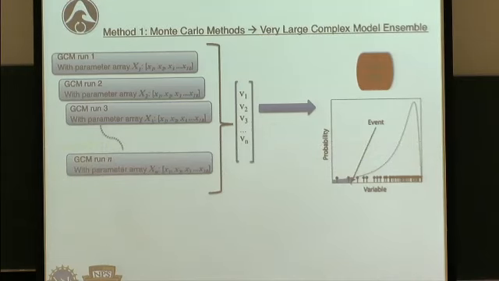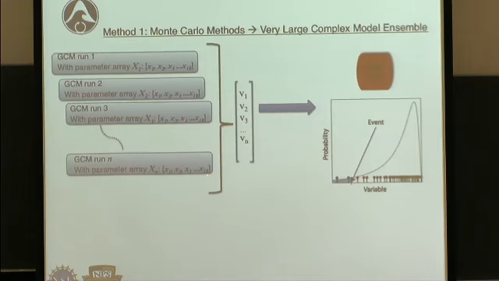The first way that you could look at uncertainty is just with Monte Carlo methods. That would create a very large and complex model ensemble. So you'd have a number of runs, which you can think of as a perturbed experiment of some sort, where you're varying the inputs in this vector x, which can be of various sizes.